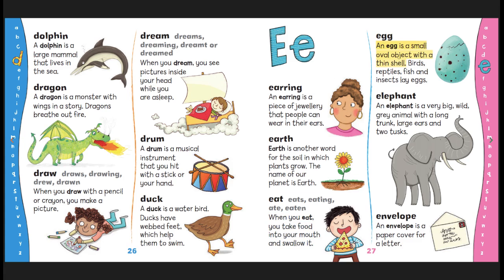An egg is a small oval object with a thin shell. Birds, reptiles, fish, and insects lay eggs. Elephant. An elephant is a very big wild grey animal with a long trunk, large ears, and 2 tusks. Envelope. An envelope is a paper cover for a letter.